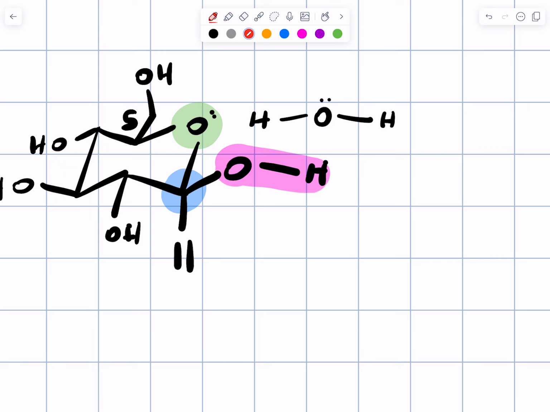So in the same step, you can show this oxygen removing this proton. Then you can show the electrons from this oxygen-hydrogen bond attacking and removing a proton from that hydroxyl group at the same time as you show the pi bond forming, at the same time as you show the kicking off happening.